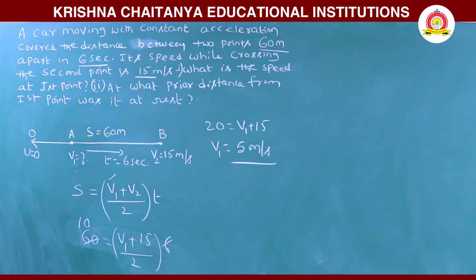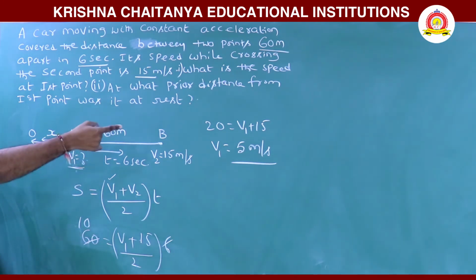Now the question asked, at what prior distance from first point it was at rest? So here you have to calculate this distance x. At what distance from first point it was at rest? So here, since it was at rest, initial velocity is 0, and for this distance, this is a final velocity, as we know, 5 meter per second.